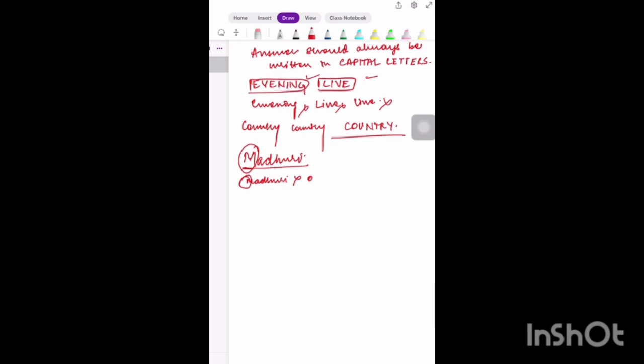And suppose you wrote a common noun like towel, not a proper noun, with a capital T, there also you lose marks. So better that you write in capital letters.